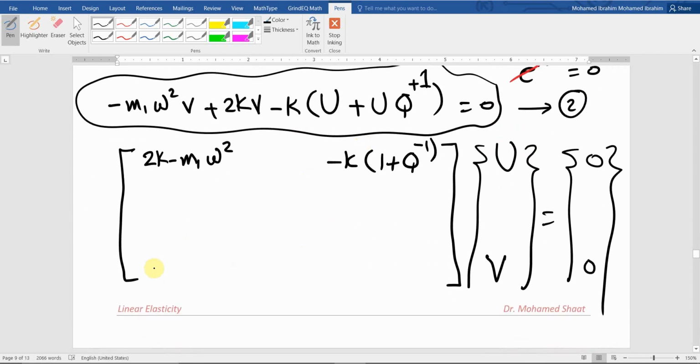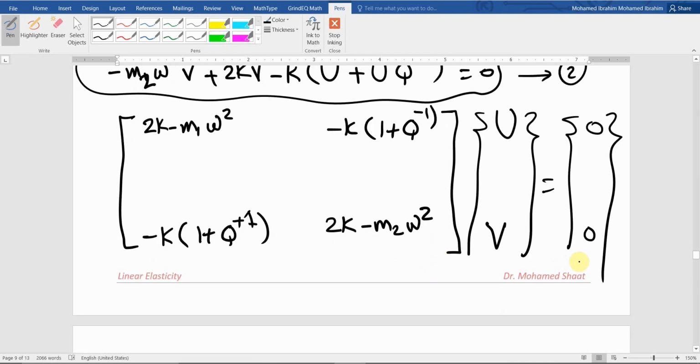The same thing for the second equation. The coefficient of U will be negative k times 1 plus q plus 1, while the coefficient of V will be 2k negative m2. This should be m2 here, because here we are talking about the second mass. It should be m2 omega square. Make sense? Then we're going to end up with this equation. So this is the equation of motion.